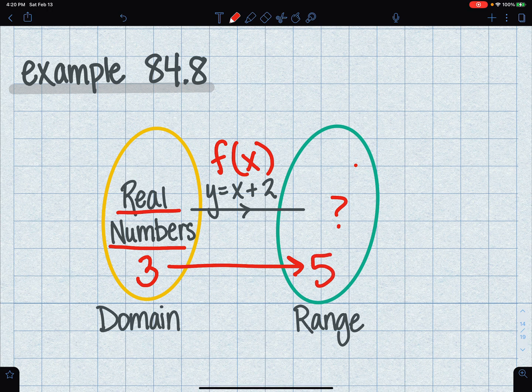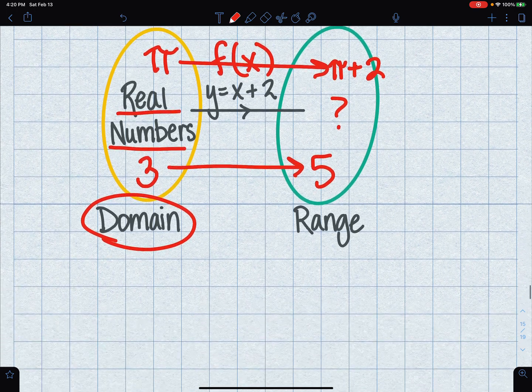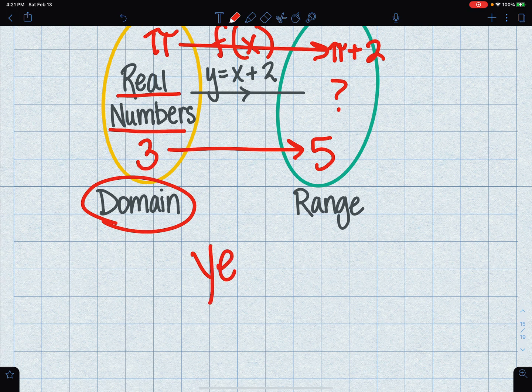And if I choose any real number, even pi, then I'm going to get pi plus 2, right? So it's going to be something specific, and it's related to the domain. So actually, this is a great function. I'm going to say yes, this vending machine works, even though the range is not really specified, but the function is, and there's only one value of y for every x. So that's a function.